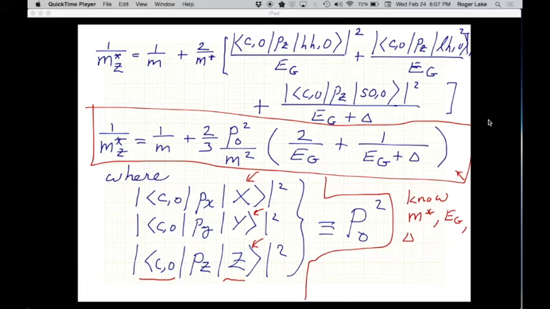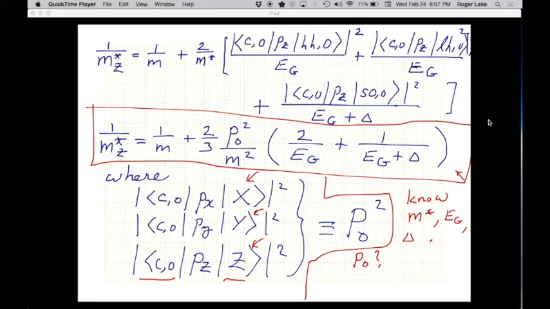If these are just all the values at gamma, you know the effective mass of gallium arsenide, for example, the spin orbit splitting, the band gap, everything. What you don't know ahead of time, a priori, is P0. But this gives you P0. So if you know the band gap, you know delta, you know the mass, you know P0. This is the central parameter of this theory that you need to evaluate the matrix elements, because you have K dot P, so this gives you the momentum matrix element right there in terms of all known quantities.